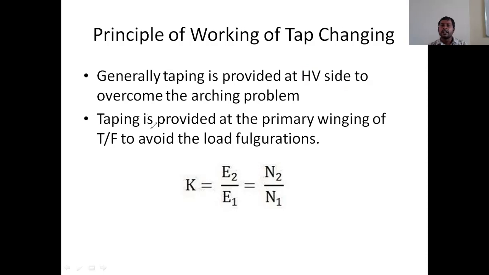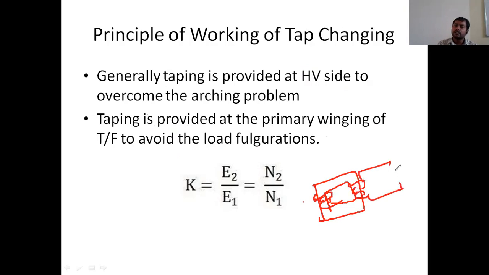And also, tapping must be provided on the primary winding to avoid load fluctuations. This is the primary winding, and this is the secondary winding. Here the loads are connected. If we provide the tappings at the primary side, 1, 2, 3, 4, like this, 5 tappings, so this is one position and this is two position.